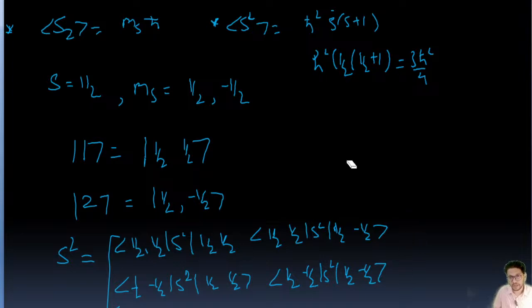Matrix value of H cut square is going to be 3 H cut by 3, I'll write on the next page. So the matrix representation of S square, these are very simple, guys. So 3 H cut square by 2, 0 and 0, 3 H cut square by 4.